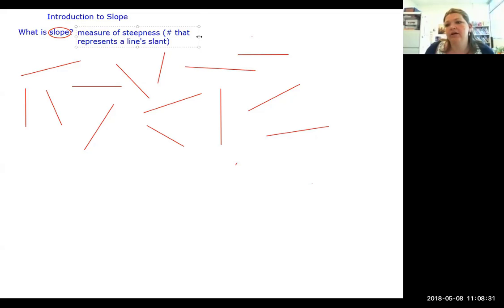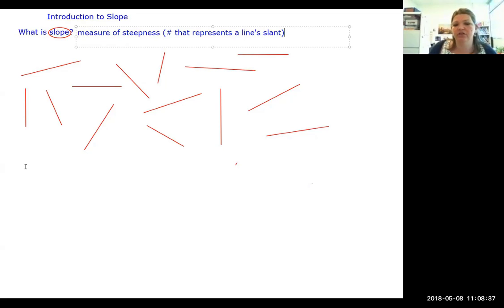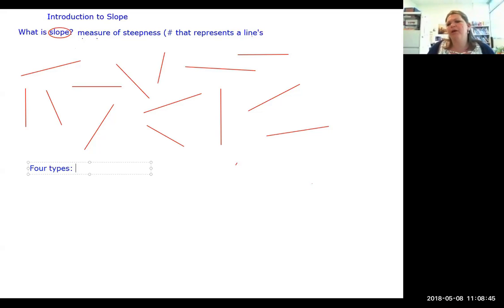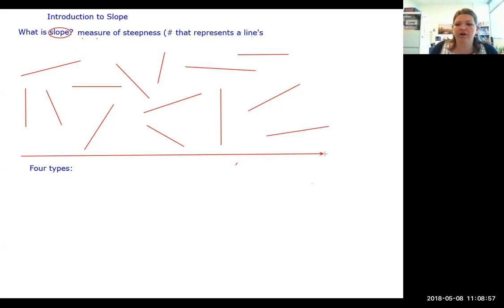Okay, great. Before we talk about how to find that number, I do want to talk about the 4 types of slope, 4 big, basic, overarching types. Let's do that by looking at these lines over here. I just drew a bunch of lines, and I want you to take a look at them, realizing first of all that we read a graph from left to right.